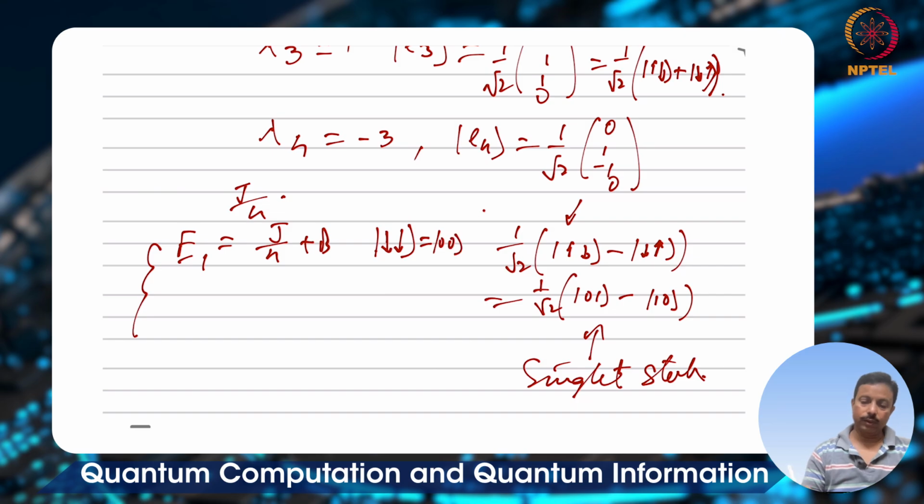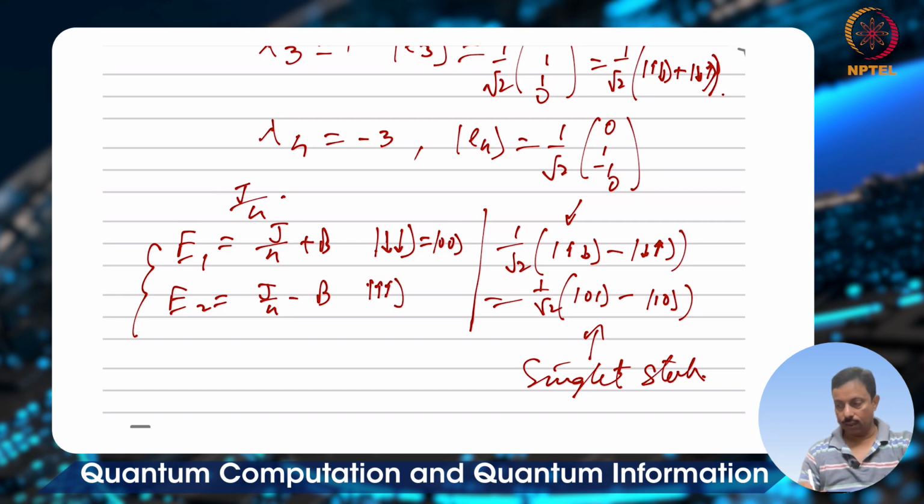And E2 is equal to J by 4 minus B. I am really sorry, I think I made a mistake here. This is up up, this is down down.